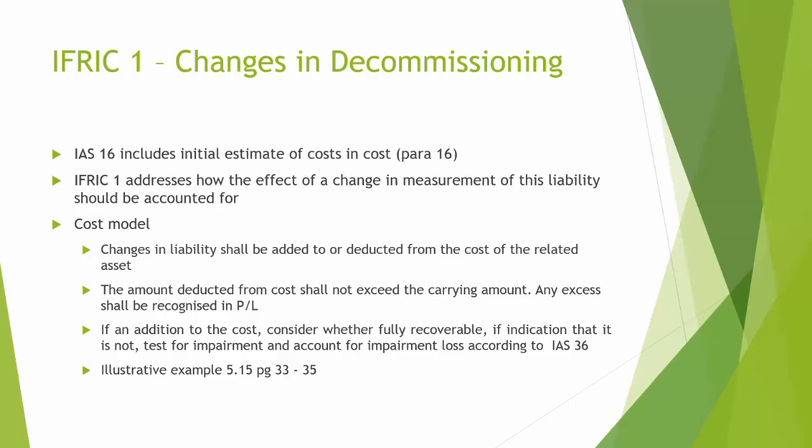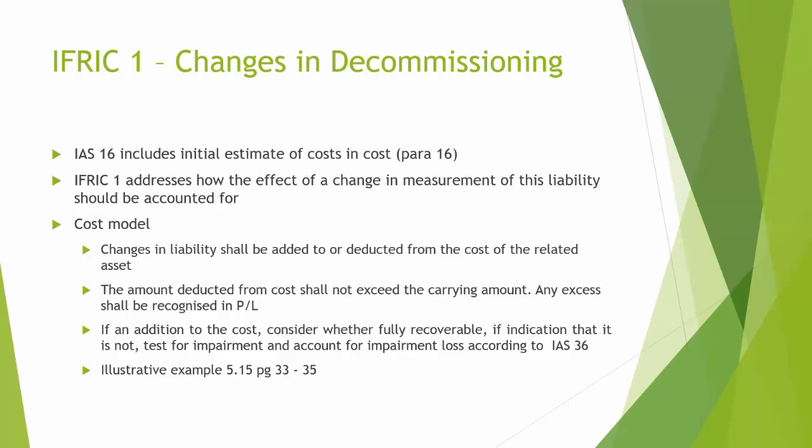So with regards to our example, we have an illustrative example, 5.15, that shows how we're going to account for this change. But the principle is that if we are increasing our decommissioning liability, then we need to credit the liability and debit the cost.